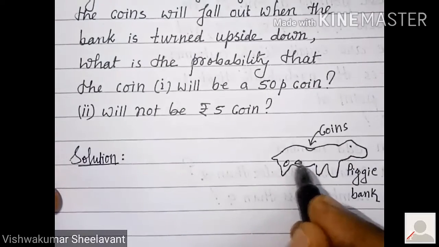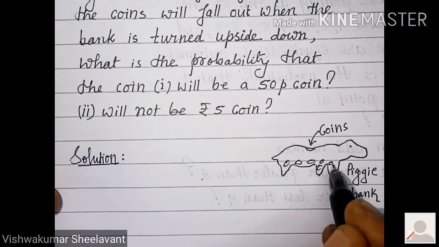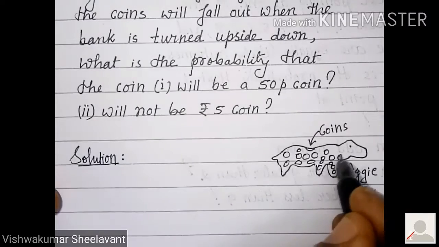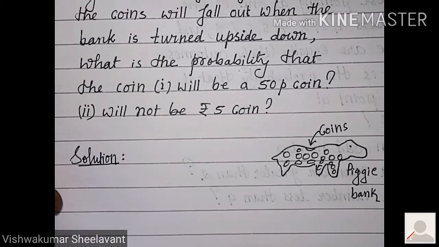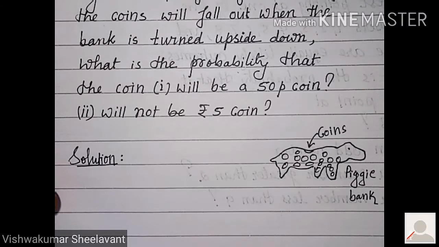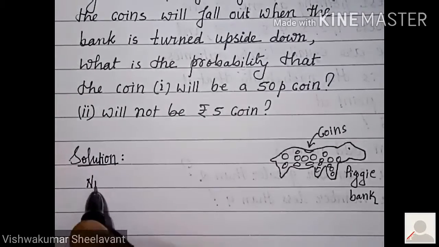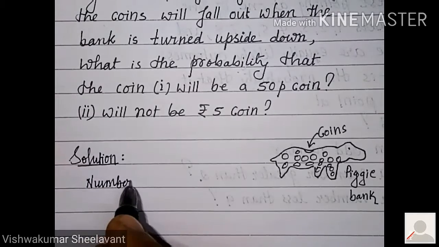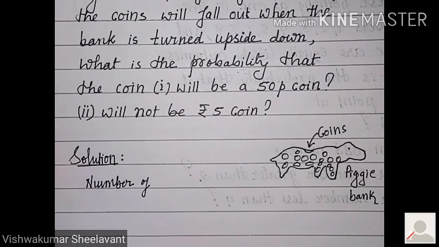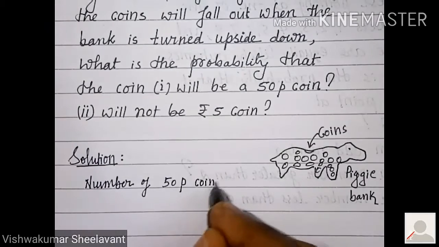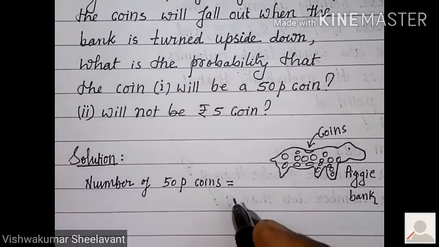So inside this there will be coins now. Which coins are there? 50 paise coins, 1 rupee coins, 2 rupee coins, and 5 rupee coins. So right here, number of fifty paise coins is equal to 100.